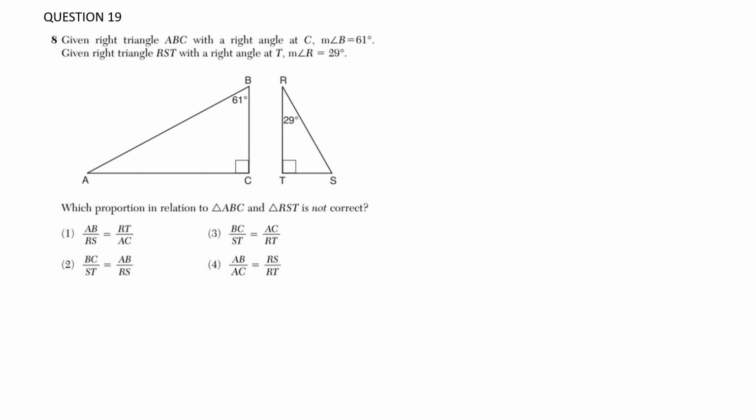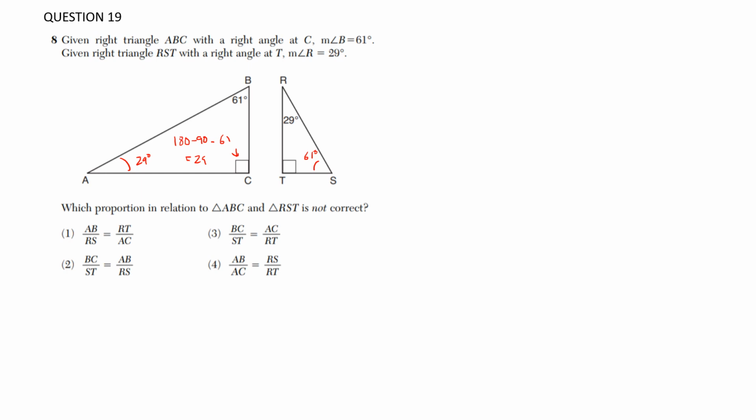So let's quickly find the measure of angle A. Interior angles of a triangle equal 180. 180 minus 90, which is the right angle, minus 61, equals 29. So we know angle A equals 29 degrees. If we do the same thing for triangle RST, we figure out that angle S is 61 degrees. So we know that both of these triangles are similar to one another through angle similarity.